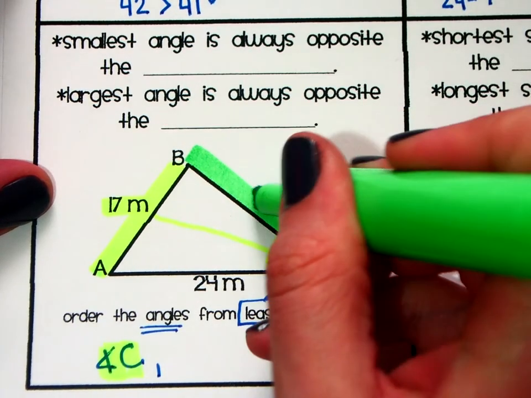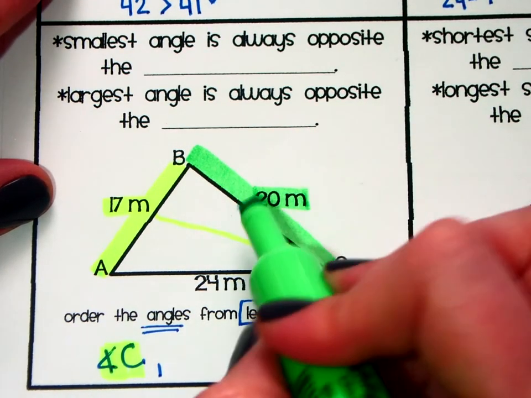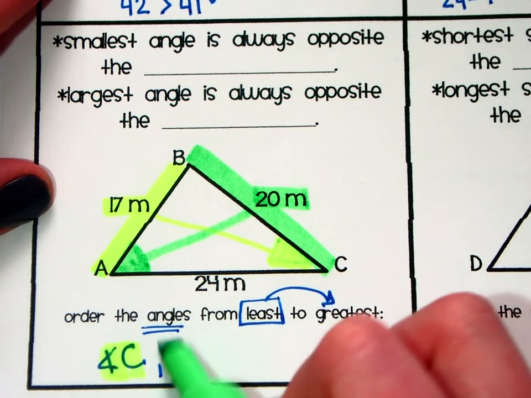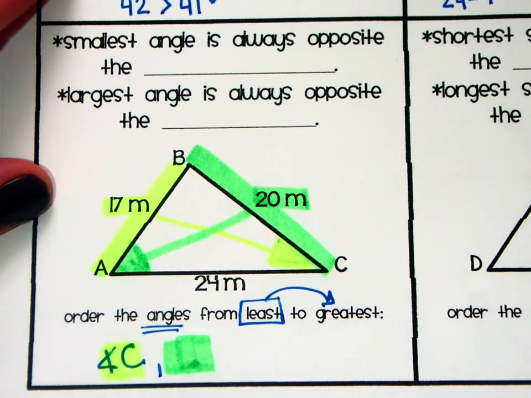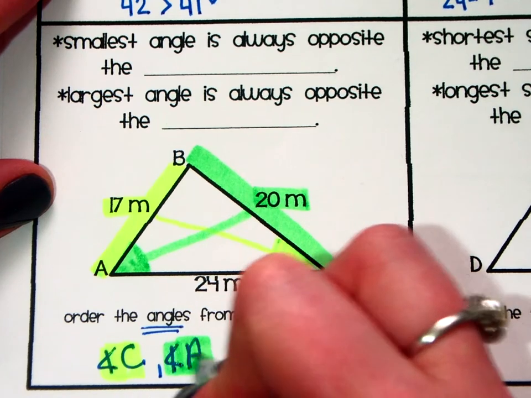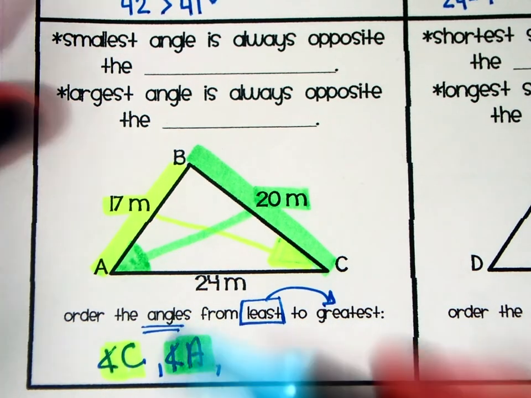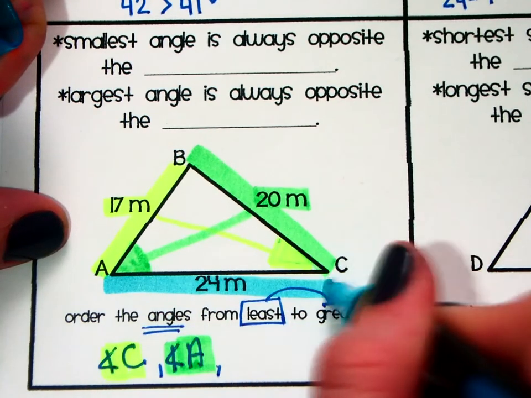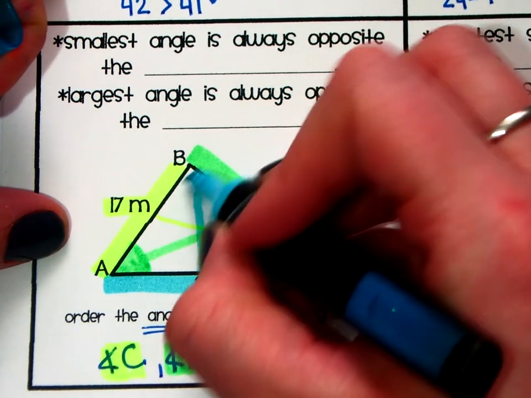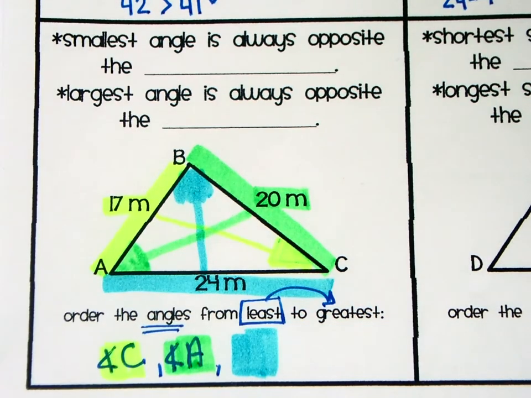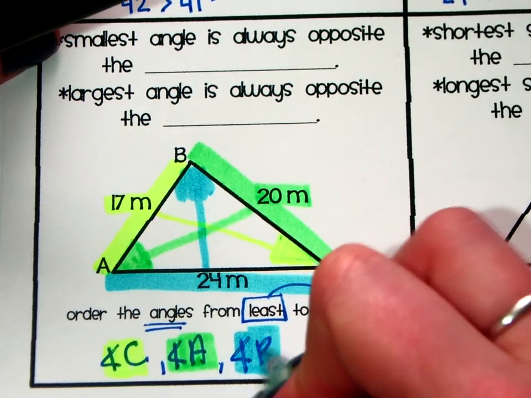If 20 meters is my middle side, the angle opposite of it is angle A, so angle A is my middle angle measure. That leaves us with our longest side, which is 24. The angle opposite my longest side is angle B, so angle B will be my greatest angle.